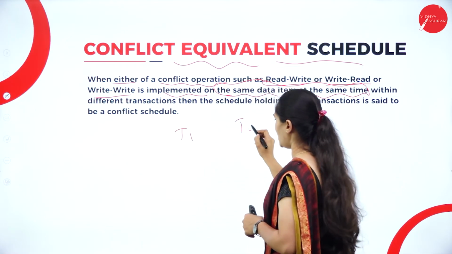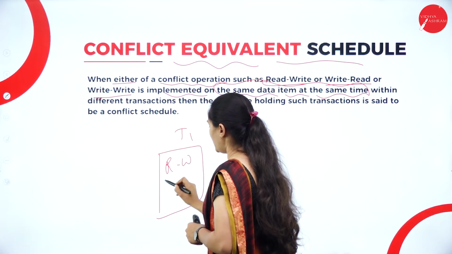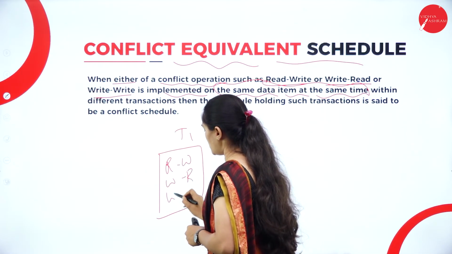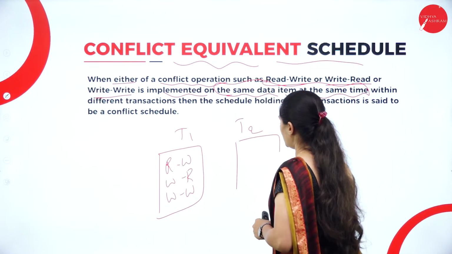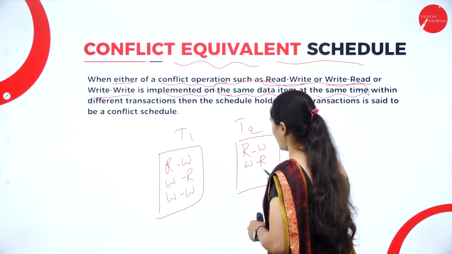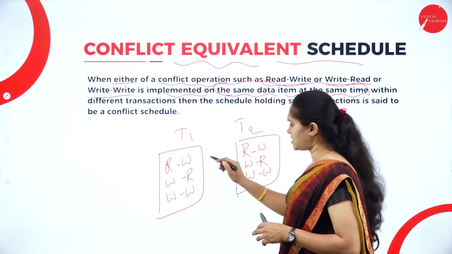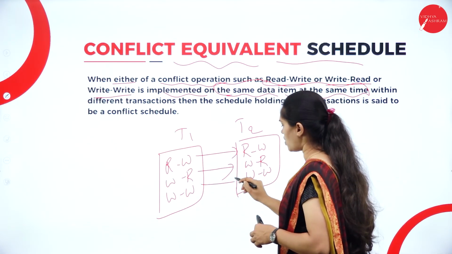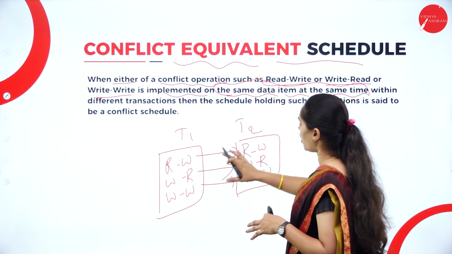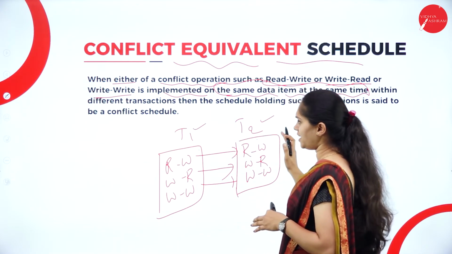Imagine we have T1 and T2 here. I perform read-write, write-read and also write-write here, and the same read-write, write-read and write-write here. So I am performing the same set of operations in different transactions, that is, in T1 and T2.